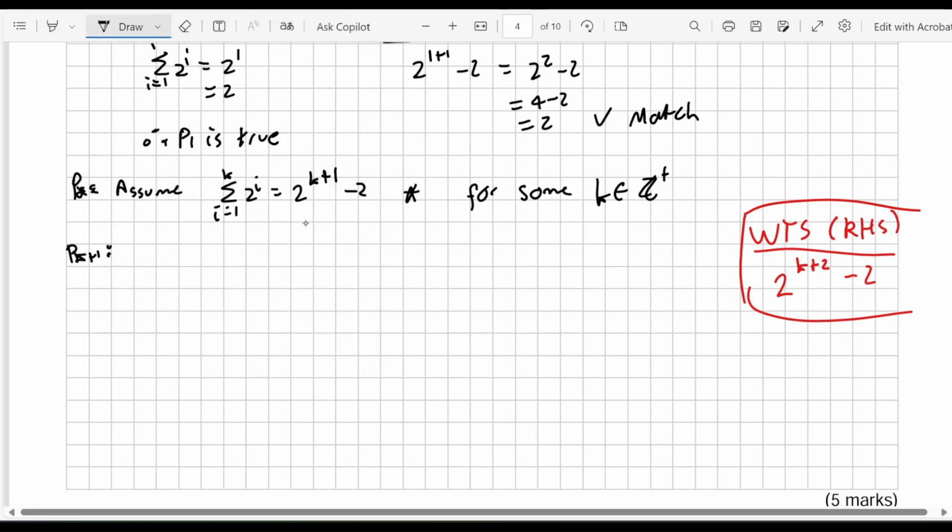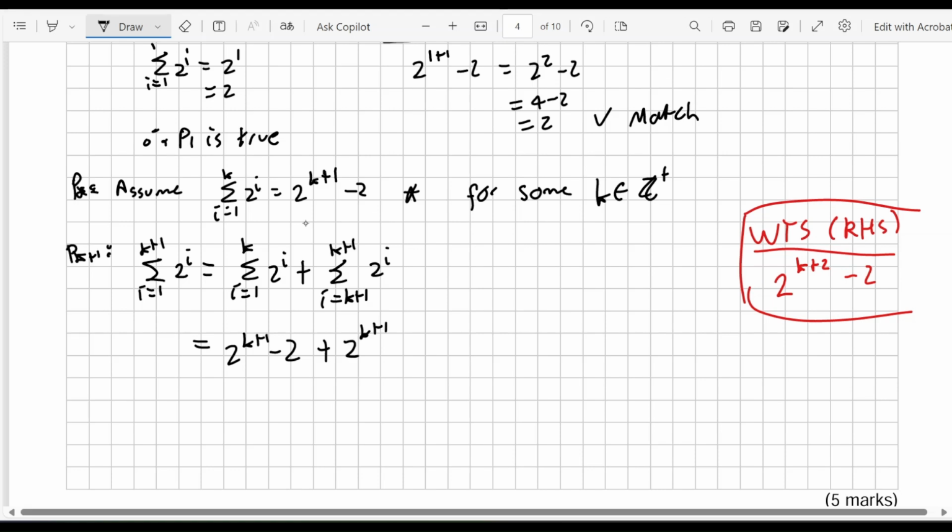So this sum here, i equals 1 up to k plus 1 of 2 to the i, we can split that. i equals 1 up to k, and i equals k plus 1 up to k plus 1. So this will be 2 to the k plus 1 take 2, and then plus 2 to the k plus 1 there.